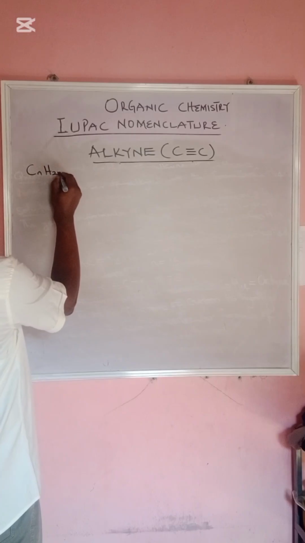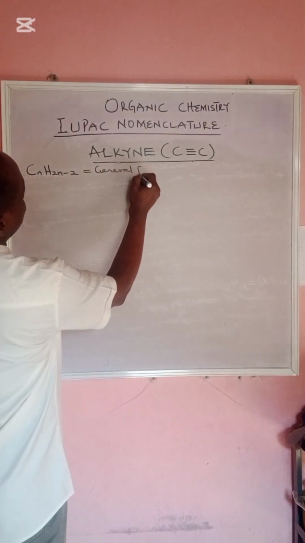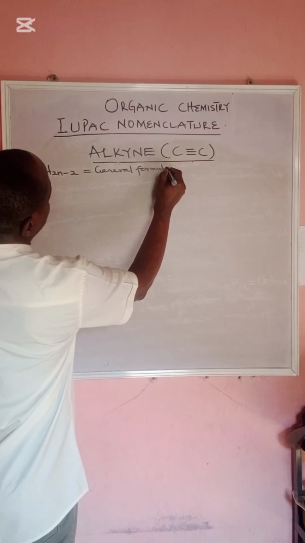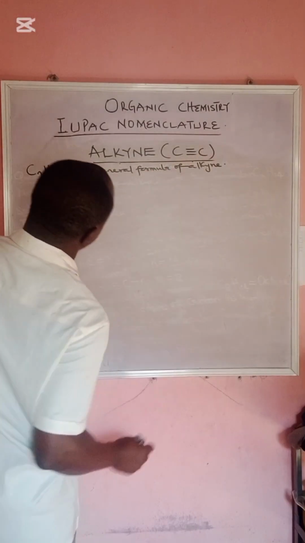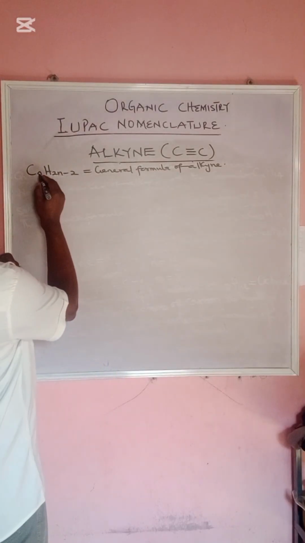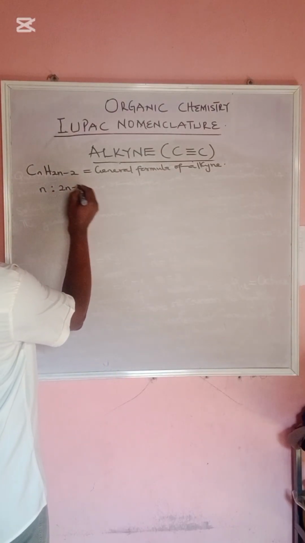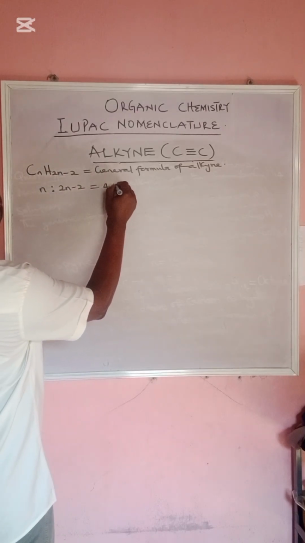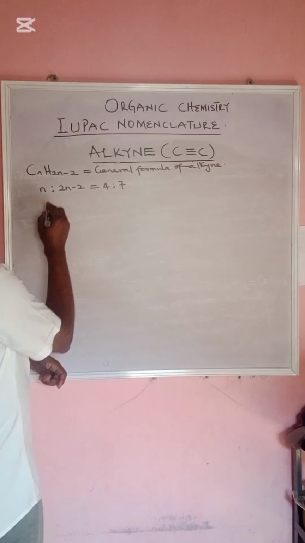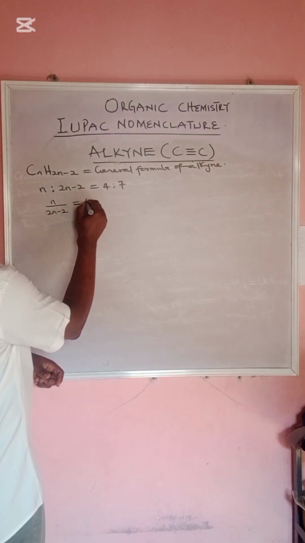CnH2n minus 2 is the general formula of alkyne. So the ratio of carbon n to hydrogen 2n minus 2 is going to be 4:7. So n all over 2n minus 2 is equal to 4 divided by 7.